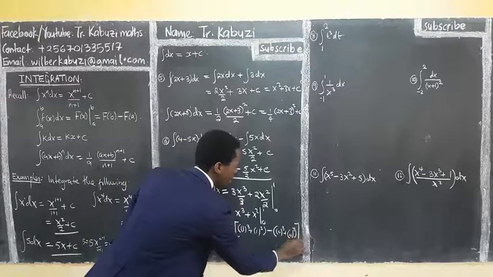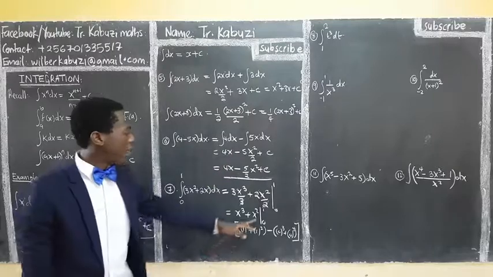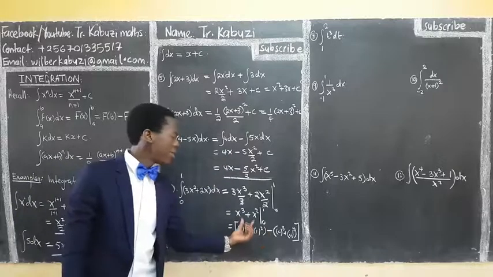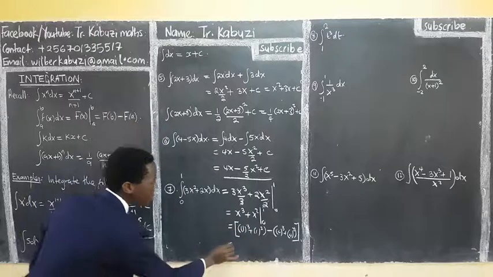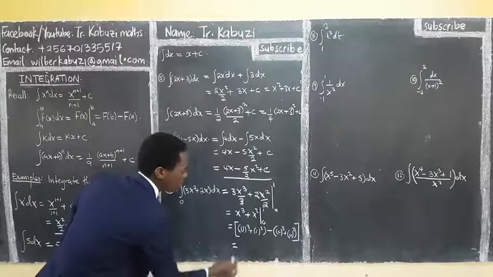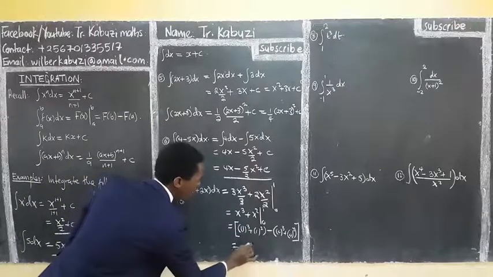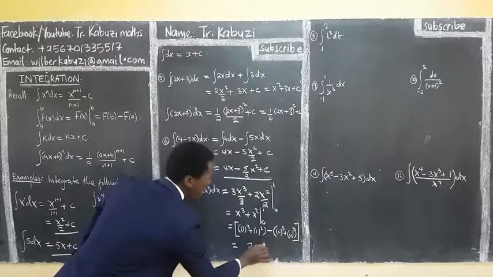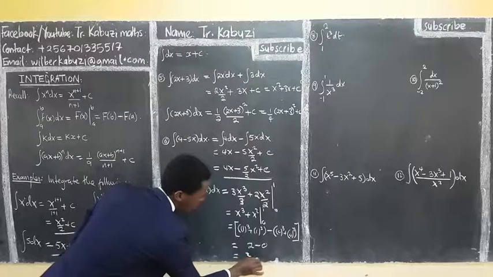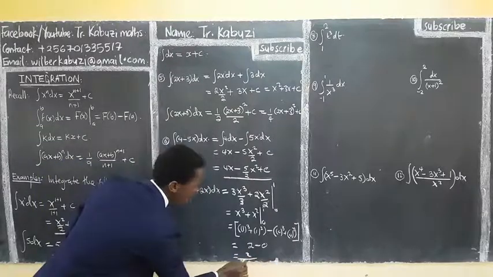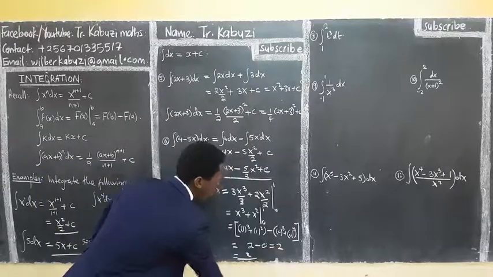We substitute the upper limit minus the lower limit in that function we have got after integrating. So 1 cubed is 1, 1 plus 1 we are going to have 2, minus 0, and our answer will be 2. Okay, so that's our answer, which is going to give us 2.